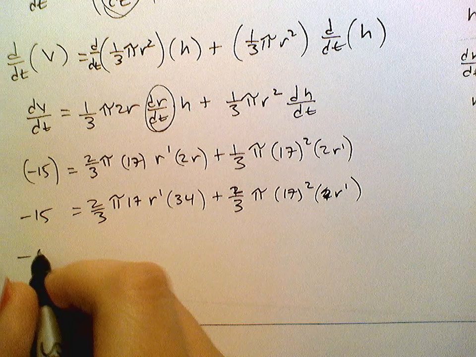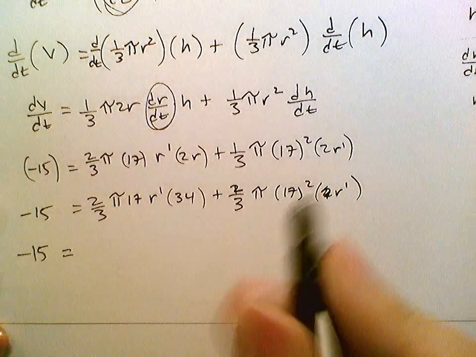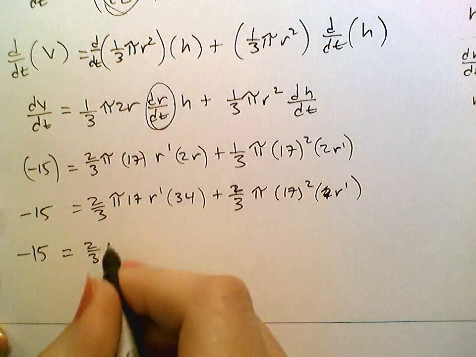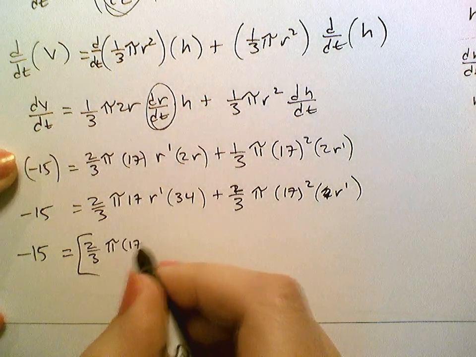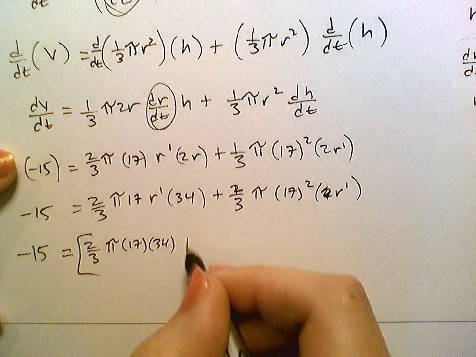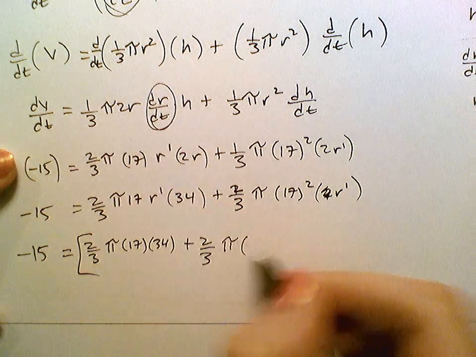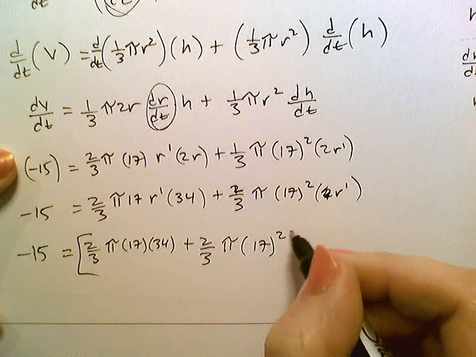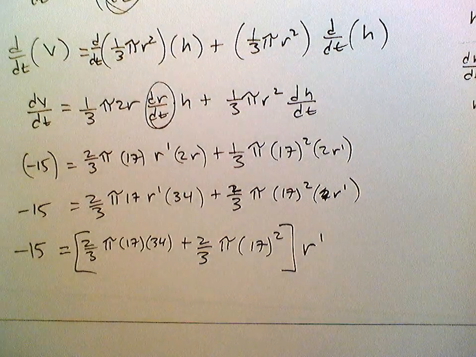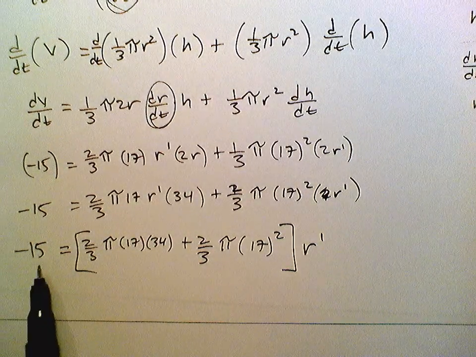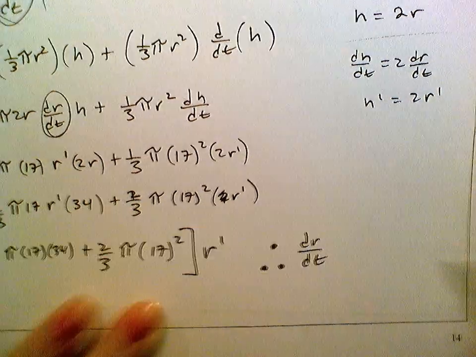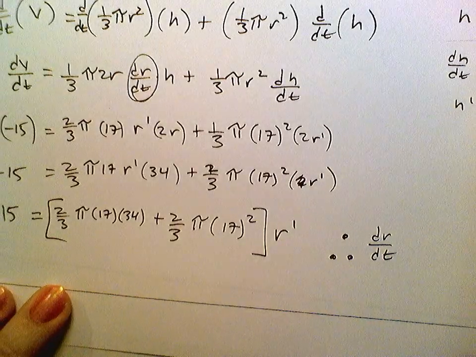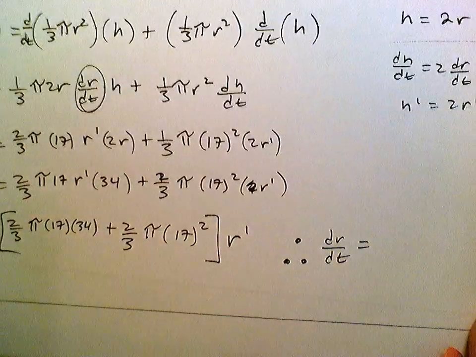And then I can go -15 equals 2/3 pi, I'm going to factor out the r prime, 17, 34 plus 2/3 pi 17 squared r prime, and then I have to go -15 and then divide by that. And I'll be like, therefore, dr/dt. I'm going to solve for r prime, and then I'll have this.